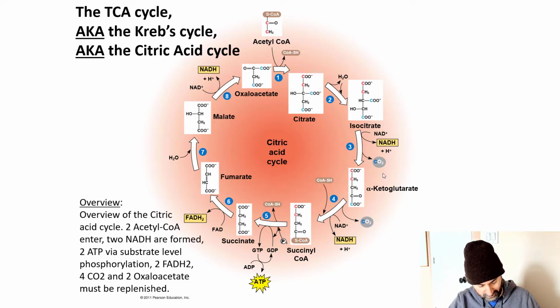We've made CO2. What else do we make? Looks like we also make some ATP, right? And what else? There's one last product. Yes, check it out. There's FADH2. I want you to know FADH2. These are the products of the citric acid cycle.